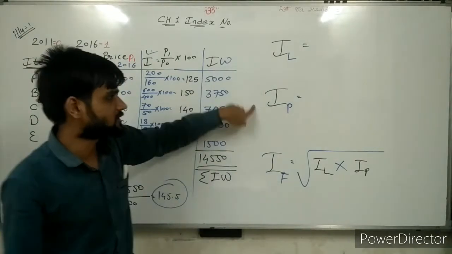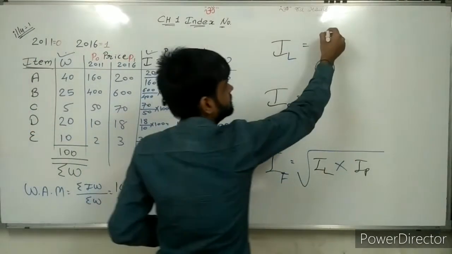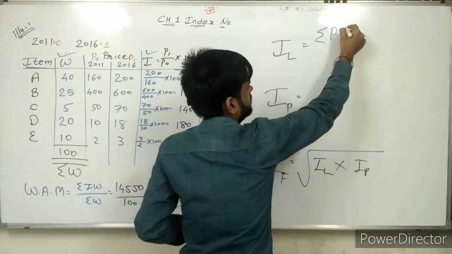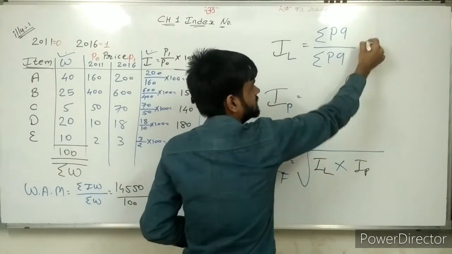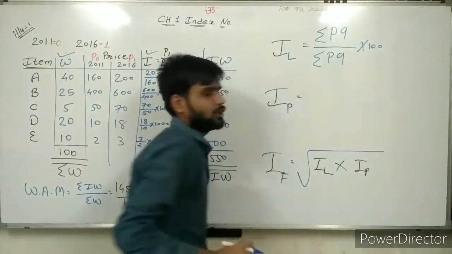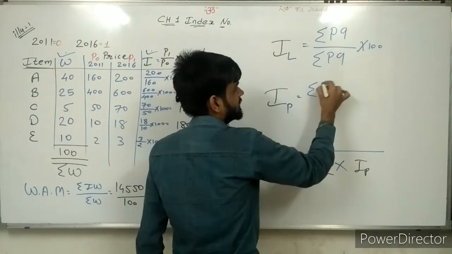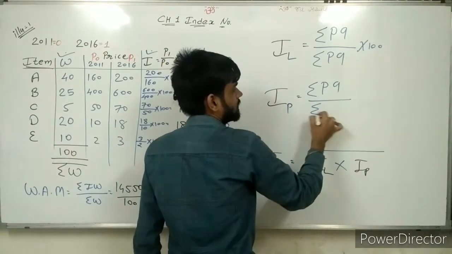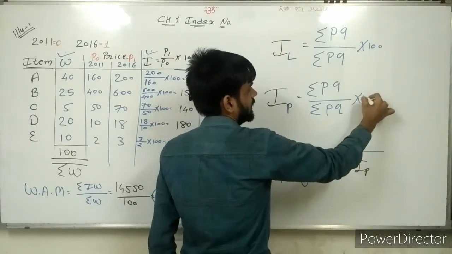Now to find these two formulas and remember them, first of all I am writing sigma PQ upon sigma PQ into 100. Going ahead, sigma PQ upon sigma PQ into 100.